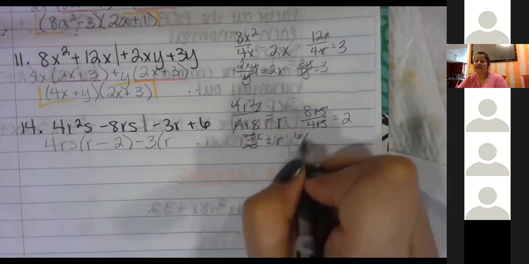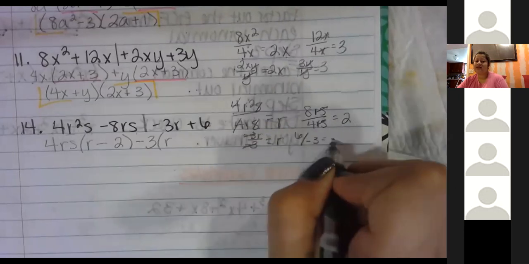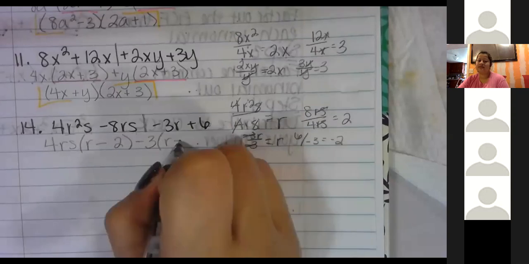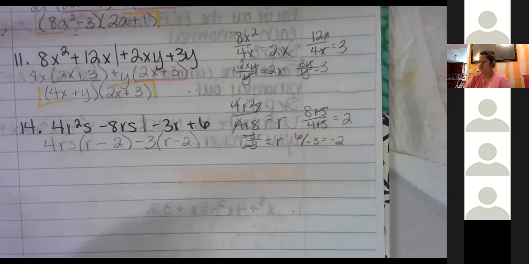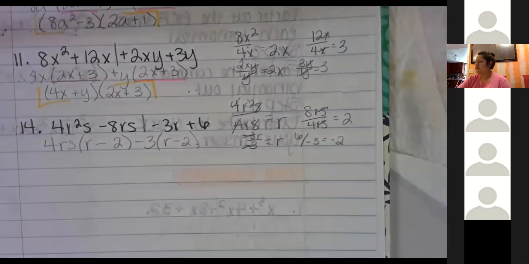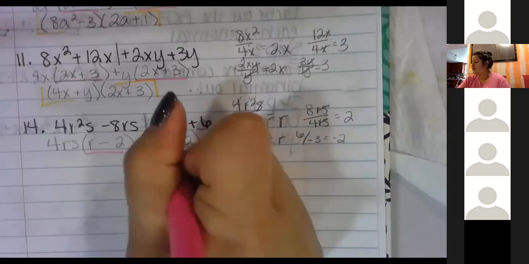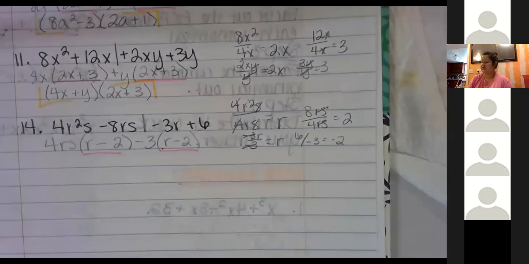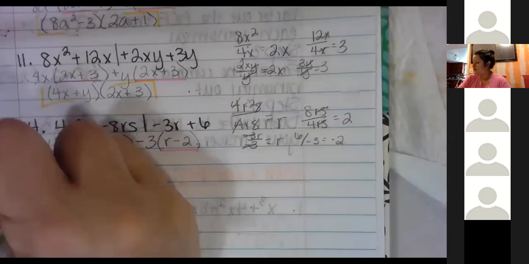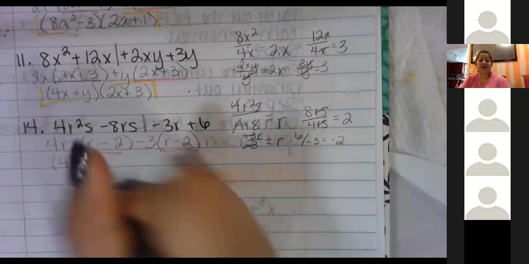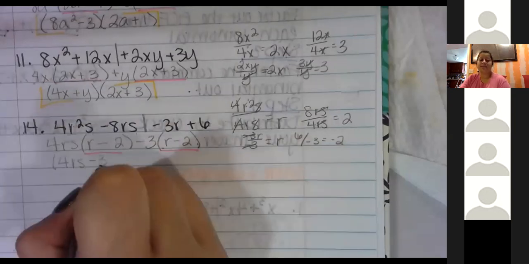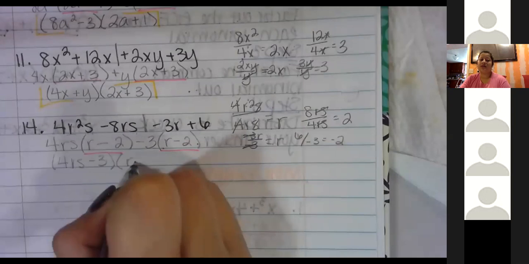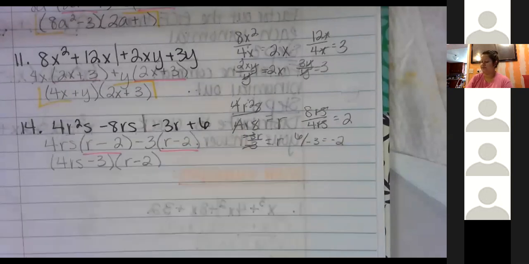And then 6 divided by negative 3 will leave you with negative 2. And then make sure they both have the same thing on the inside. In this case, it's r minus 2, r minus 2. All right, so we factored out 4r on the first side, and we factored out a negative 3 on the right. And then we had r minus 2 on the inside.